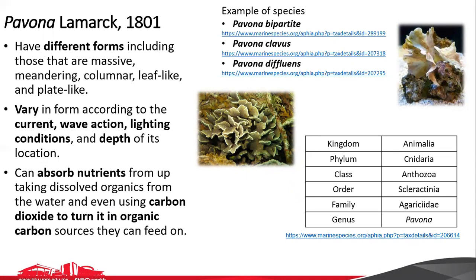The special thing about this genus is it can absorb nutrients by uptaking dissolved organic matter from the water and even use carbon dioxide to turn into organic carbon as a source of food. Examples of the species are Favia bipartite, Favia clavus, Favia defluens.